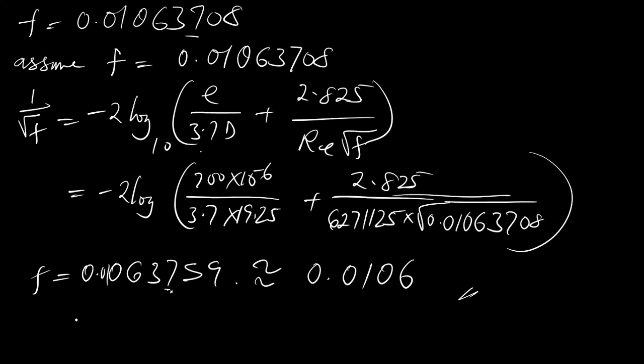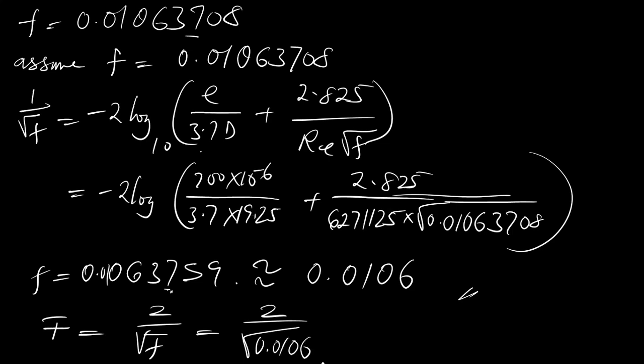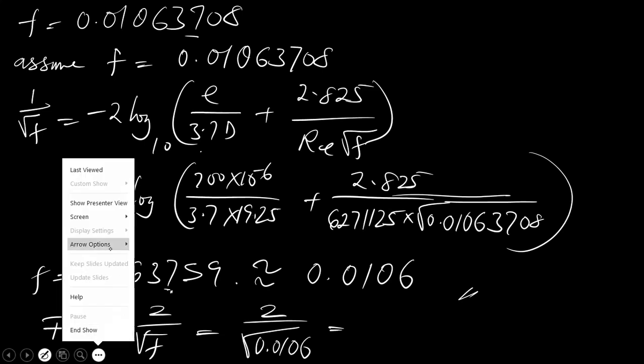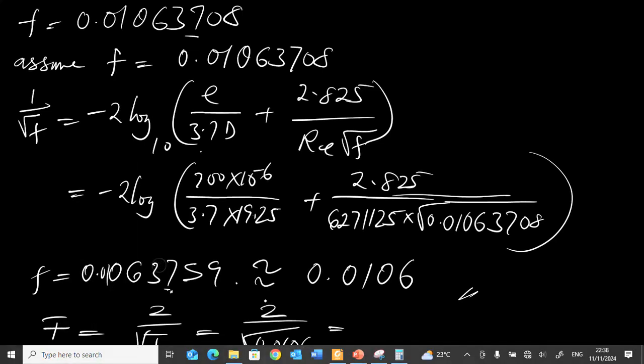So let's now look for the transmission factor, which is 2 all over the square root of f. So this will give us 2 divided by the square root of 0.0106. Let's use our calculator to calculate this value.